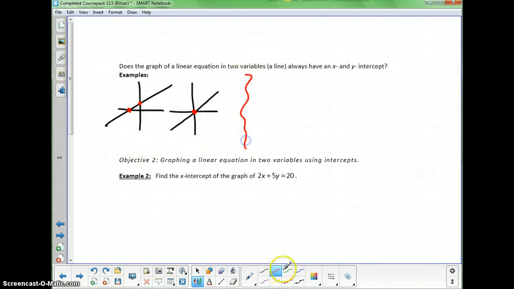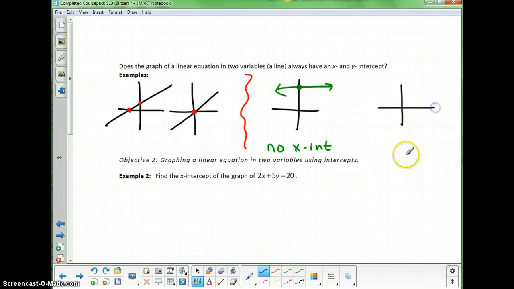But what if I drew a horizontal line? A horizontal line has a y-intercept but no x-intercept, right? If you think about it, there's another type of line I could draw that's going to have no y-intercept.